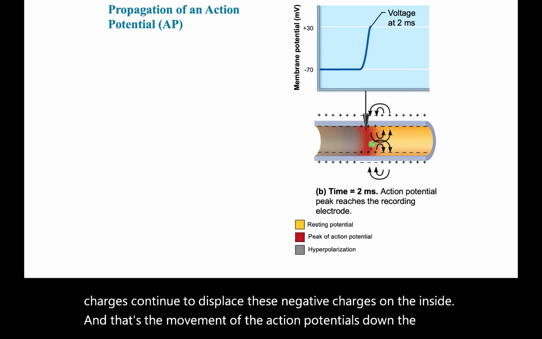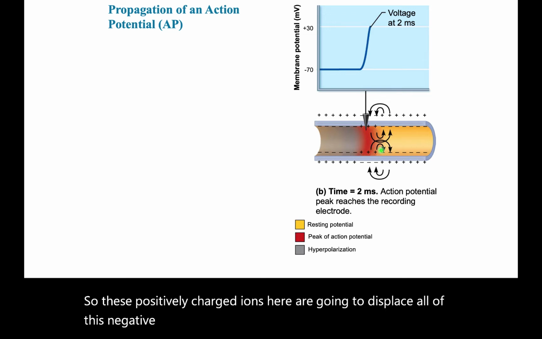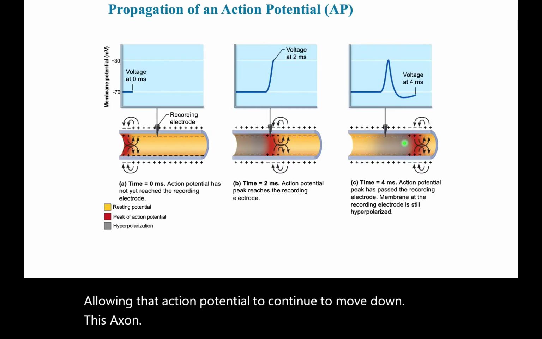So these positively charged ions here are going to displace all of this negative net charge, allowing that action potential to continue to move down this axon. And this is where we come over here.